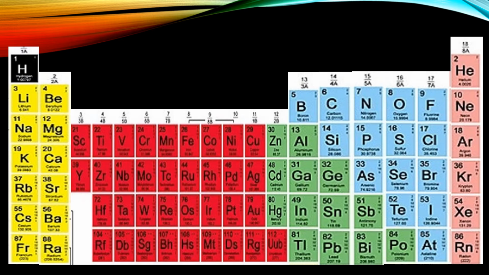So except helium, all other elements are p block elements, but helium is not a p block element, it is s block. But the position of helium in the periodic table is in the 8th A group, as it is also a noble gas whose valence shell is completely filled.